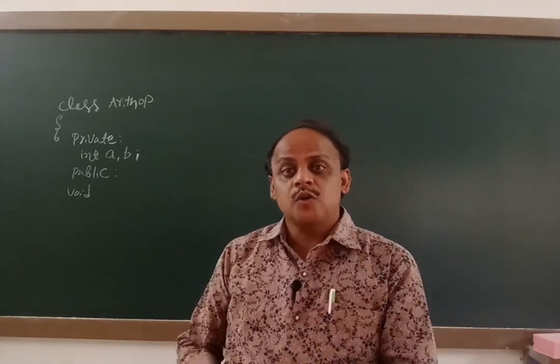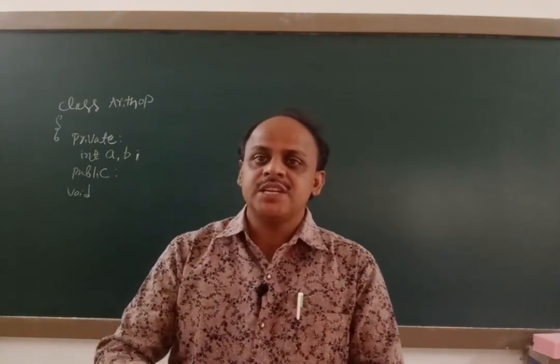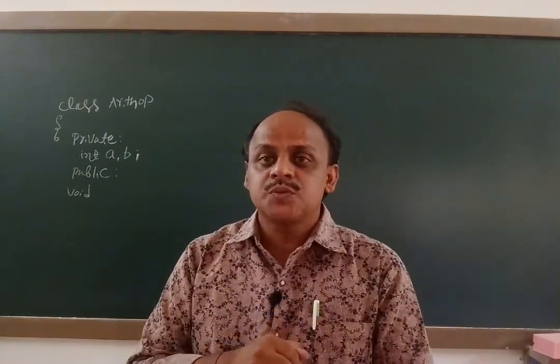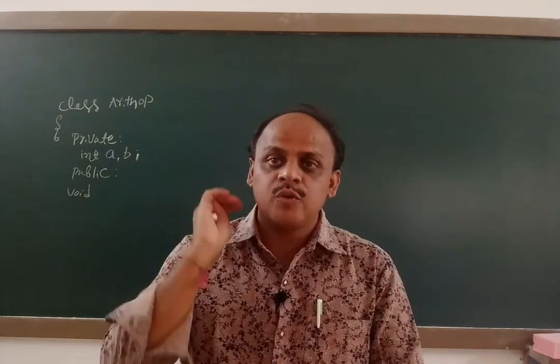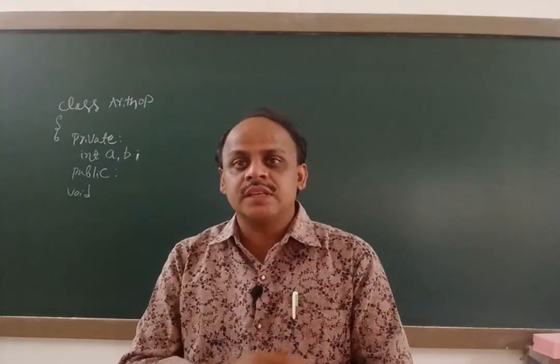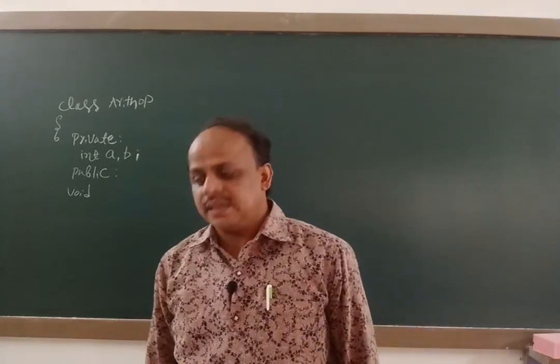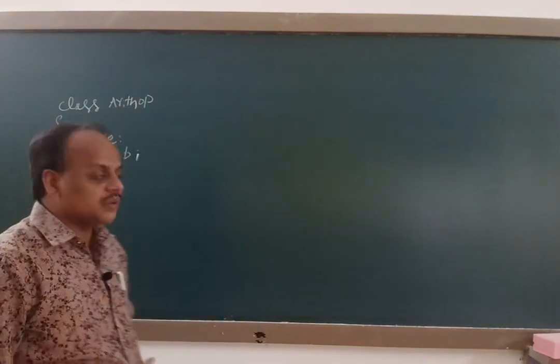And next we have to perform addition, subtraction, multiplication, division. That's why we require another four functions. And next we need one more function, the display function to display the result. Total I think we require six functions.